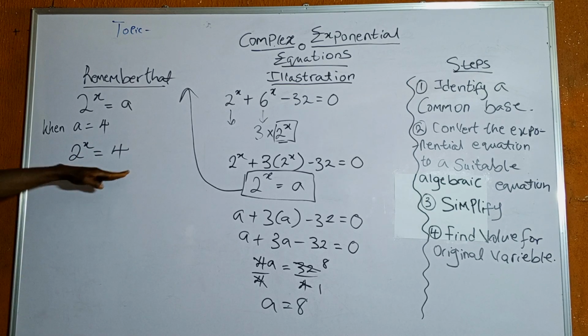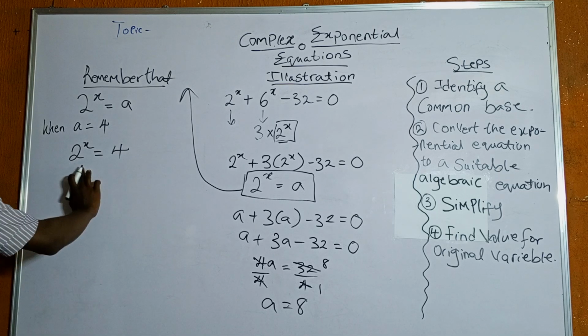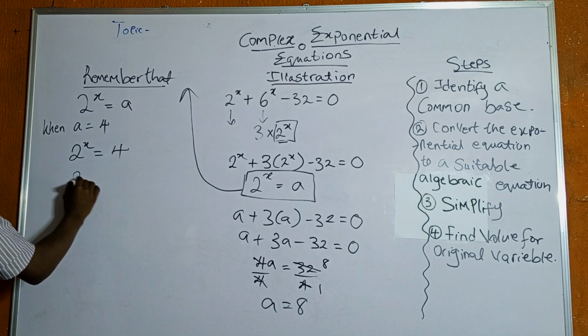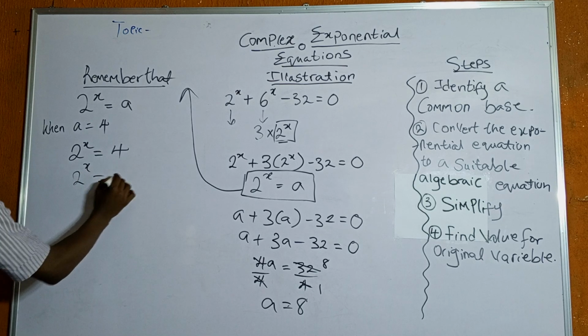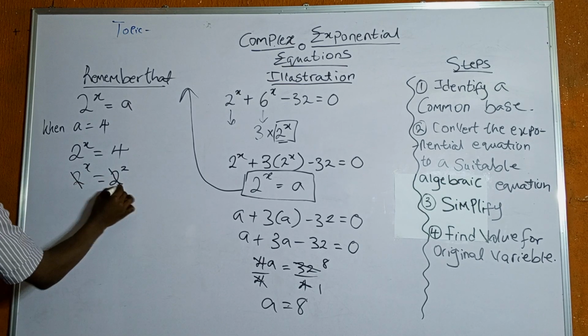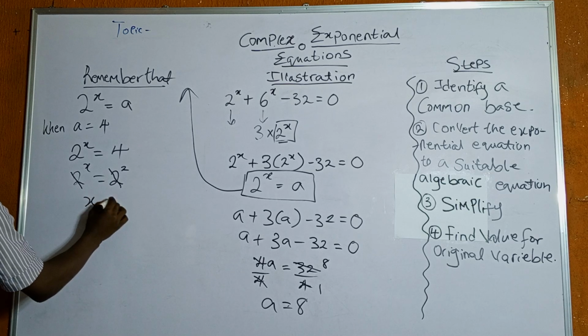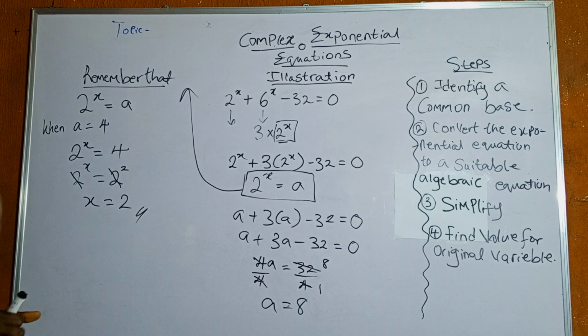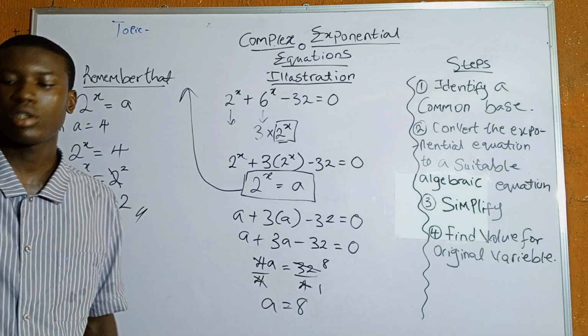Now this is already a simple exponential equation. For the simple exponential equation, if you don't know how to solve it, please watch part 1 of this series. Now this will be 2 raised to the power x equals 2 raised to the power 2. Now cancel the bases, and we end up with x equals 2. And that is how you find the value for your complex exponential equation. Thank you.